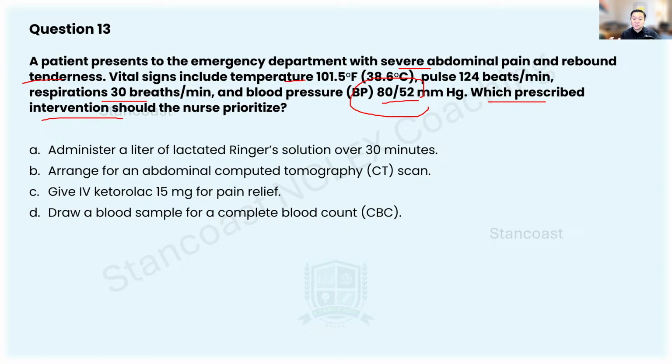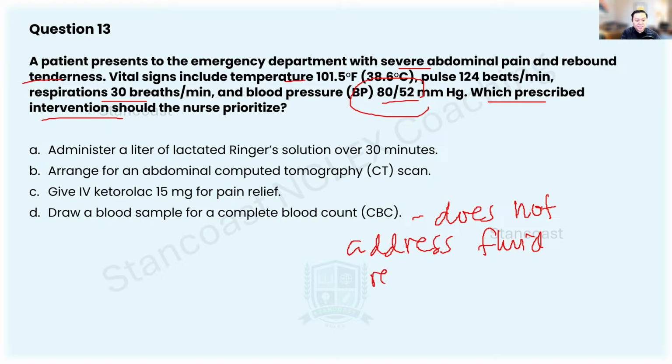But will it address the immediate need for fluid resuscitation? No, it does not address fluid resuscitation. So we are going to eliminate letter D right away. Although it is a good intervention, it does not address fluid resuscitation.